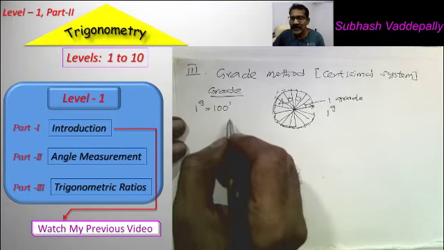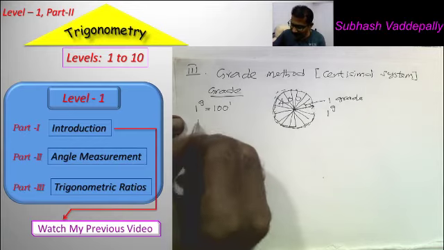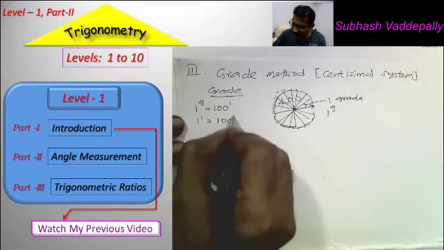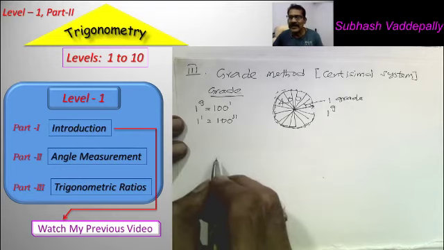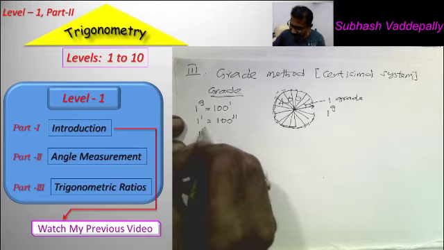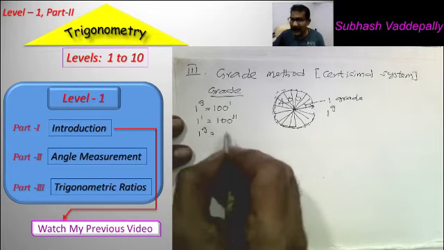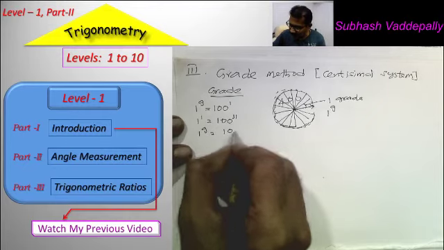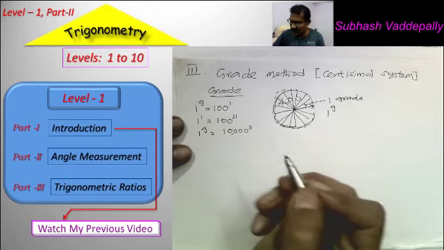Further, if we need smaller than 1 minute, again 1 minute is divided into 100 equal parts. Each part is called a second. So 1 minute is equal to 100 seconds. Then 1 grade in seconds is 100 into 100, that is 1 followed by 4 zeros, 10,000 seconds.